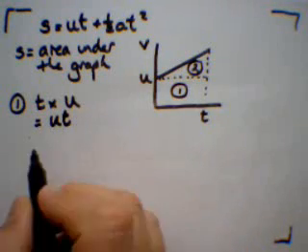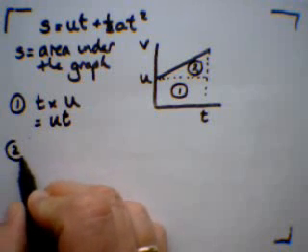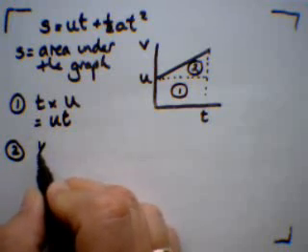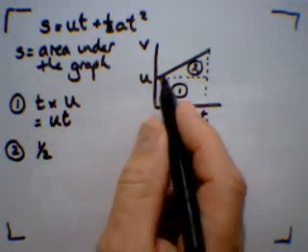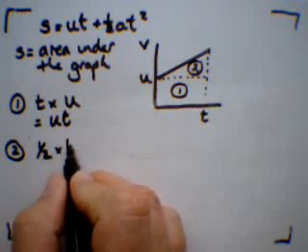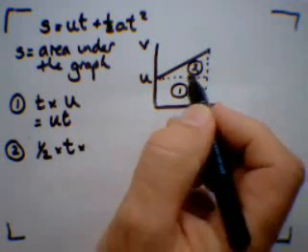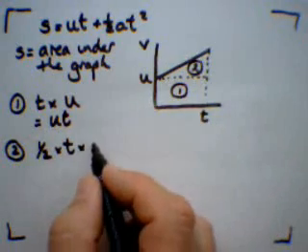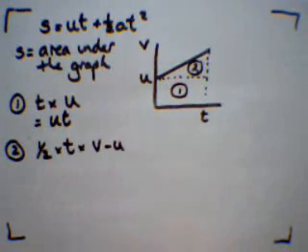Okay, now area 2. Area 2 is a triangle, which is a half the base times the height, so it's a half times the base, which is still t, times the height, which in this case is the final speed take away the initial speed, which is v minus u.